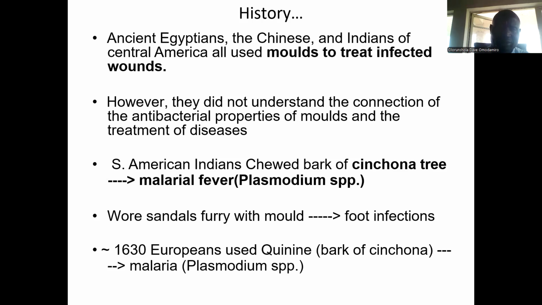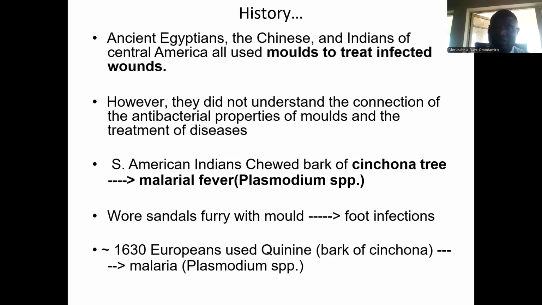By history, the ancient Egyptians, the Chinese, the Indians of Central Africa, America, beg your pardon, all used mold to treat infected wounds. Molds like the fungi Penicillium notatum were all used by ancient Egyptians, Chinese, Indians, Central Africa.